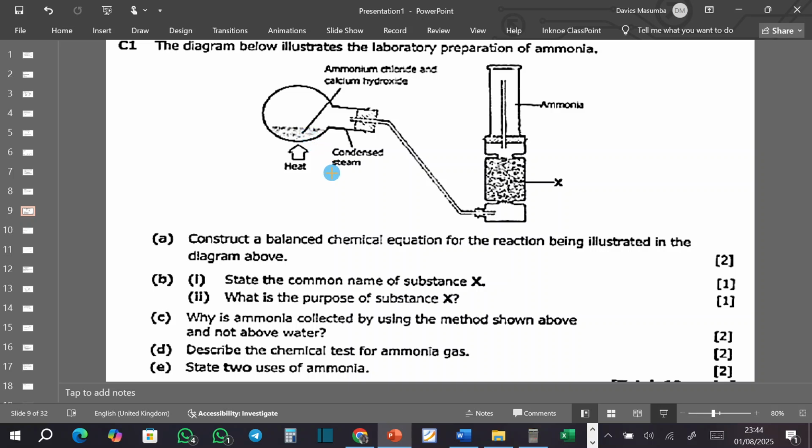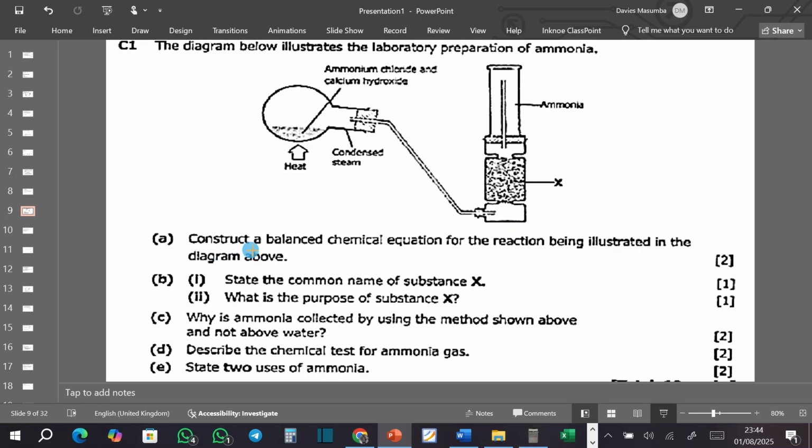Then condensed steam is formed here when they heat them. Then the gas comes out here, passes through substance X, then forms ammonia gas. So this is the whole process, the laboratory apparatus used to prepare ammonia in a laboratory.